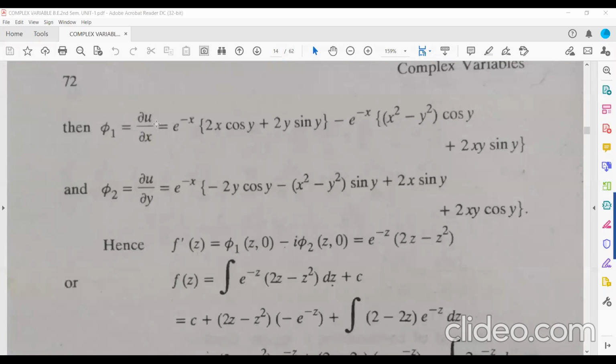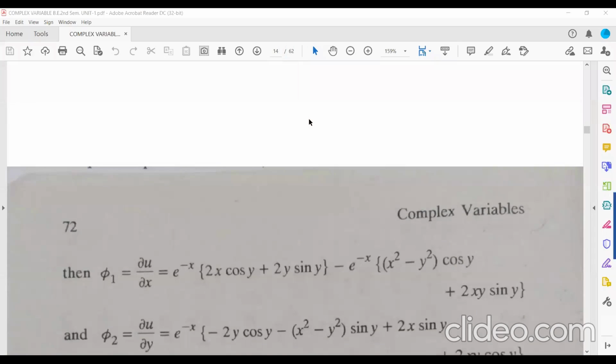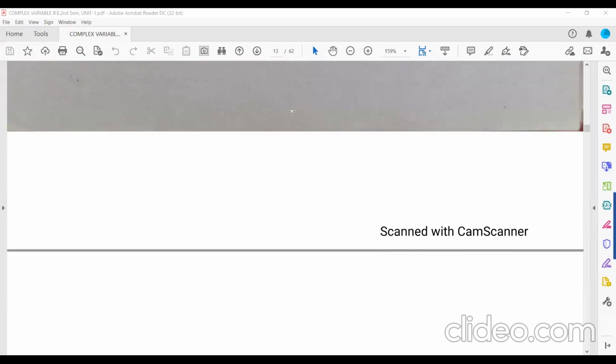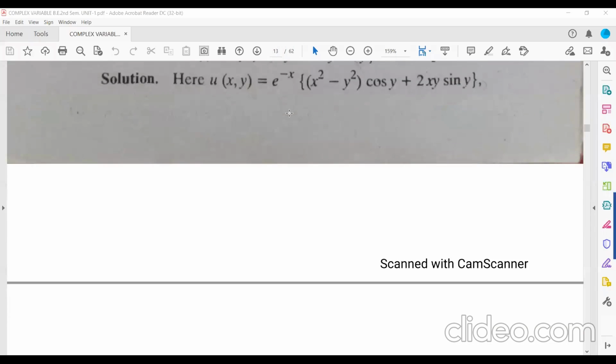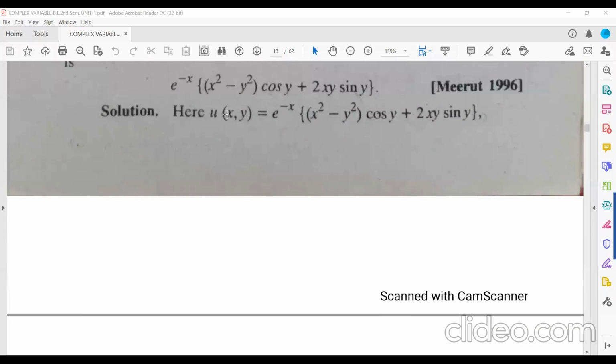So phi 1 is equal to del u by del x. So here u is given. Obviously you know how to find the partial derivative. If you are differentiating with respect to x, you need to consider y as constant. Keeping y as constant, you differentiate this u with respect to x, so you will get del u by del x.